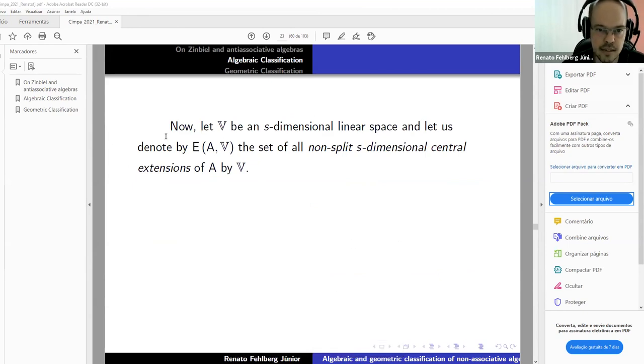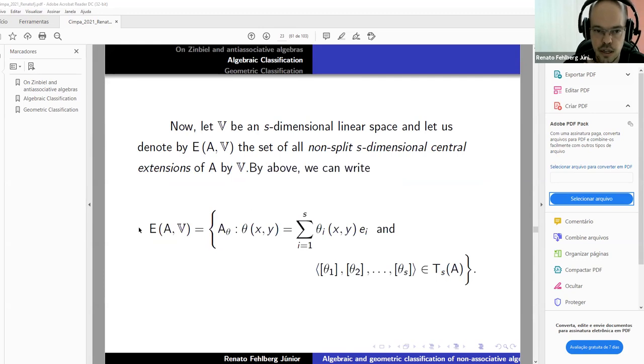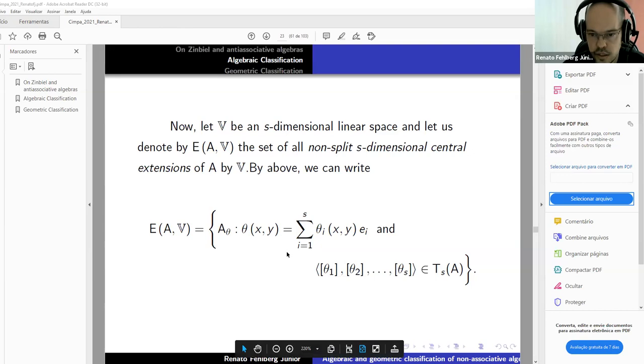Using this set T_s, we'll define this new set E as the set of all non-split s-dimensional central extensions of A by this s-dimensional linear space V. And we can write the set in this way.